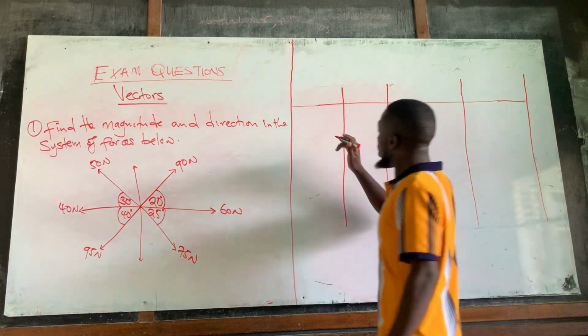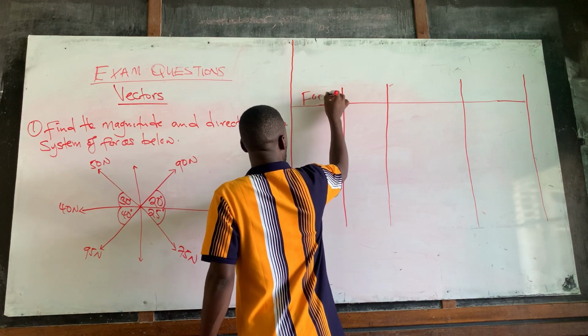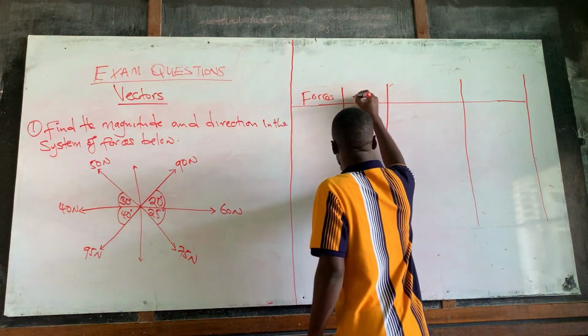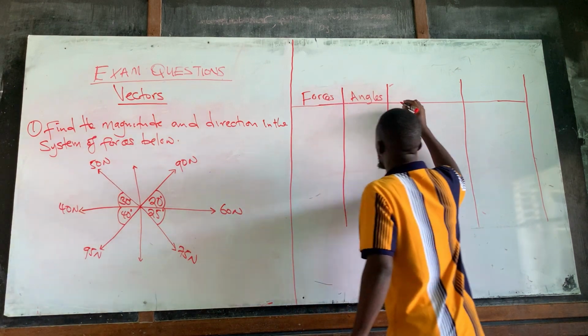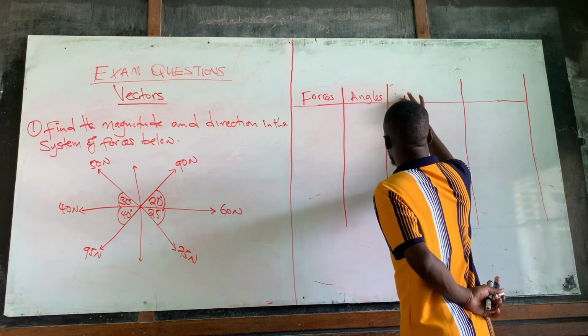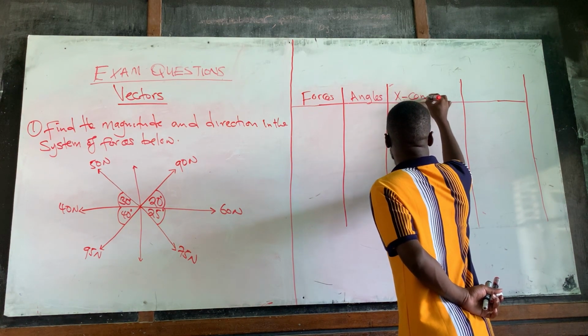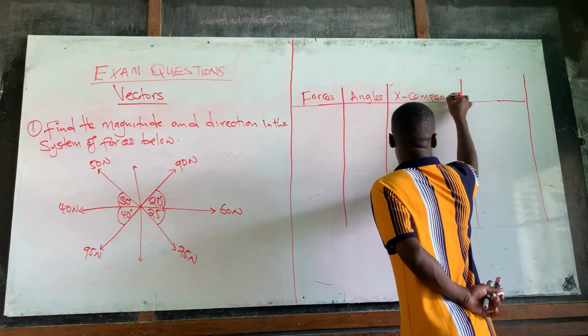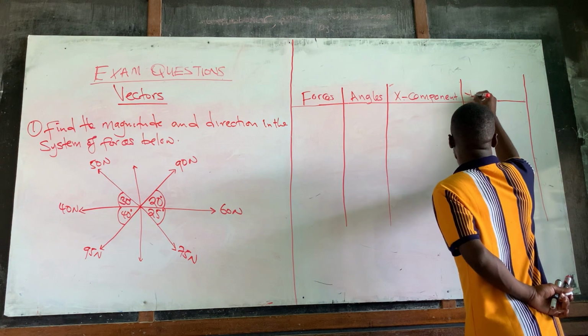Then you put, say, forces here. Number 2, say angles. Number 3, say x component here. And here, we say y component.